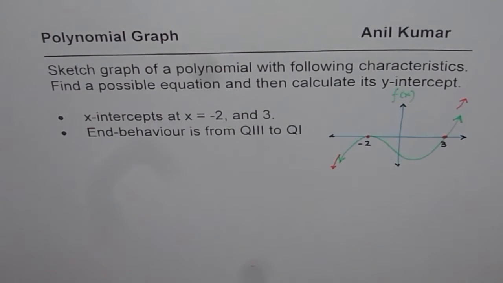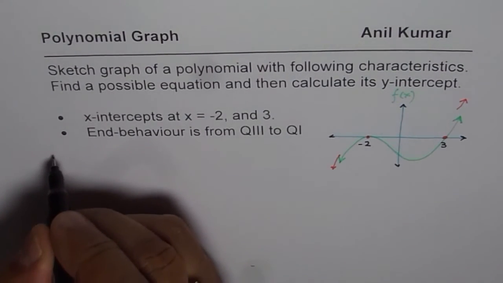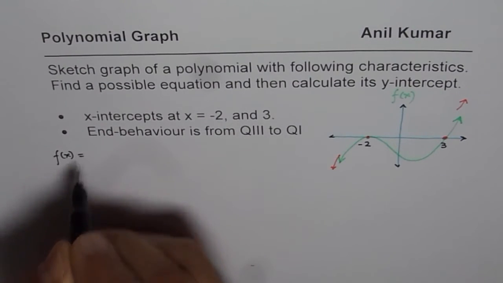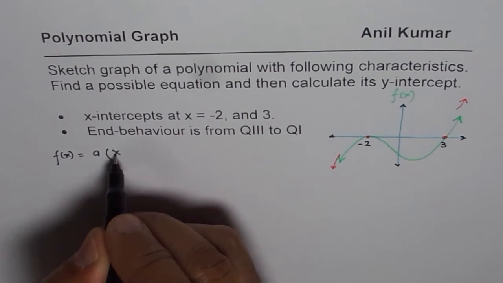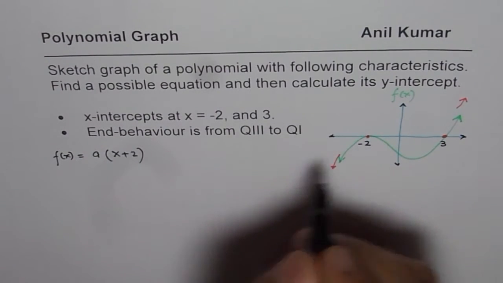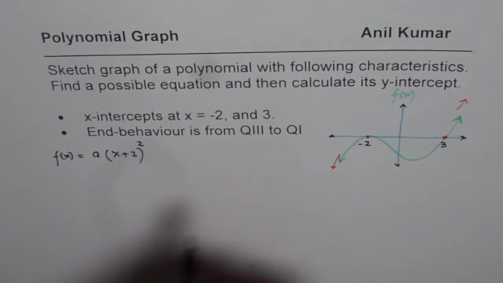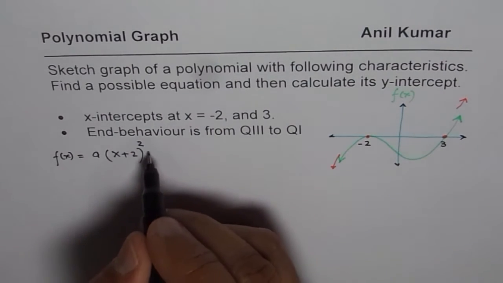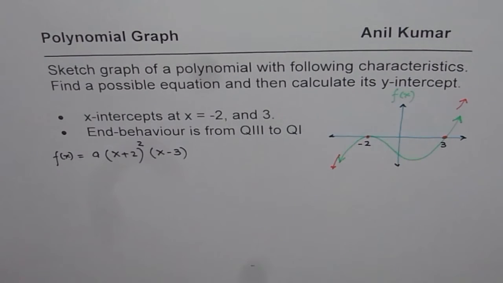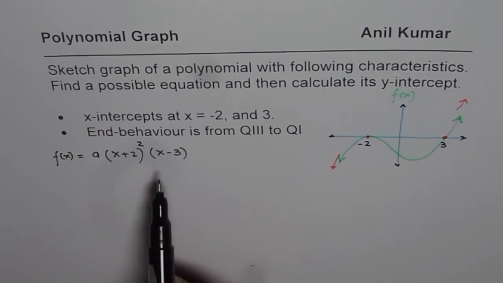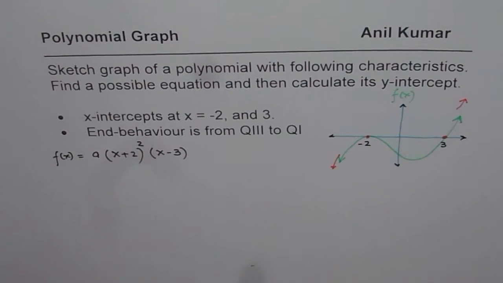Now we can write down the equation of this function. We say f of x equals a times x plus 2 for the first zero. Since it turns, we'll keep this order as 2, multiplicity 2. The other one is at 3, so the factor will be x minus 3. So that could be the function which defines this particular graph, right?